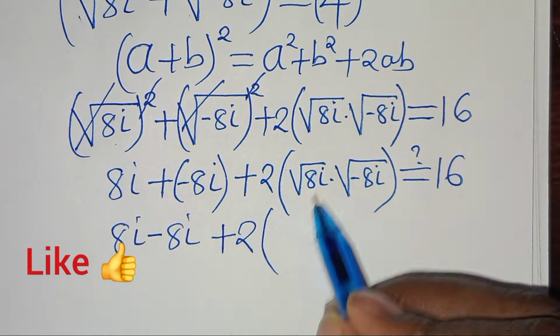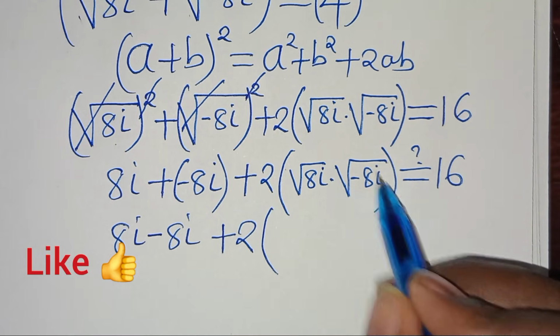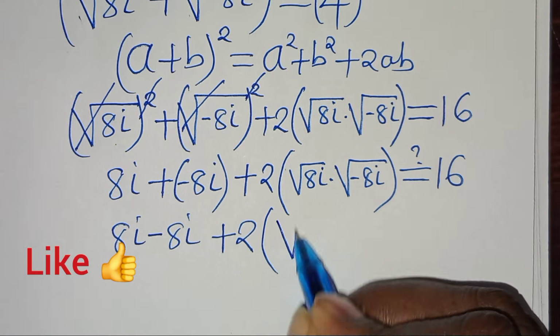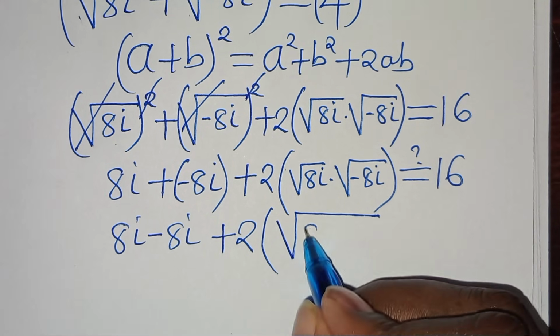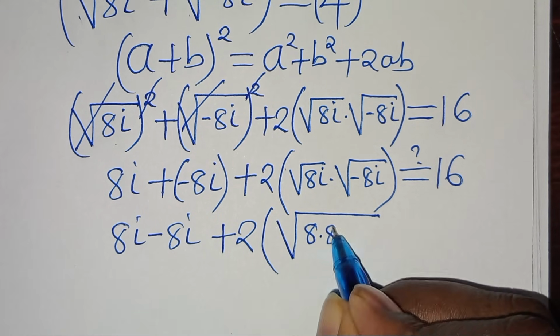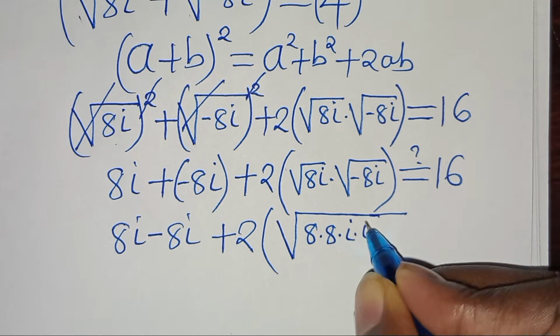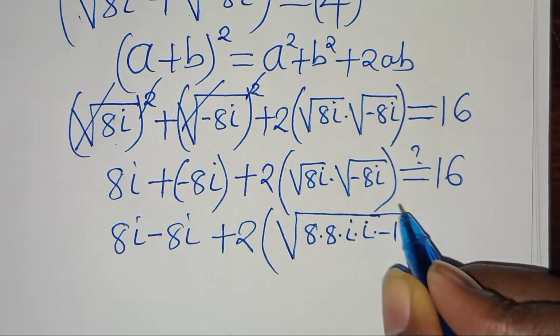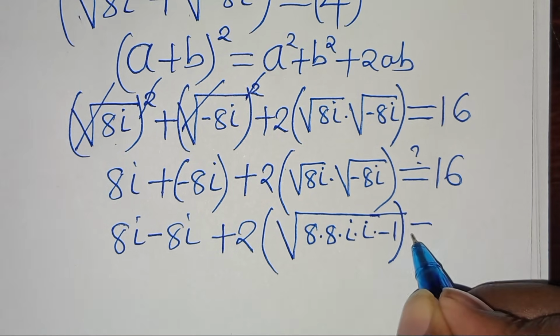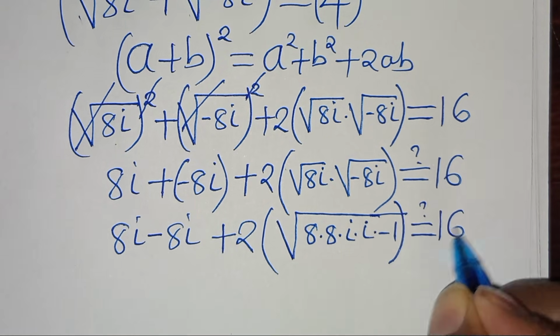now the square root of 8i times the square root of 8i, we can express this as a single square root of 8 multiplied by 8 multiplied by i times i, then times minus 1, close the parentheses. This should give us a value of 16.